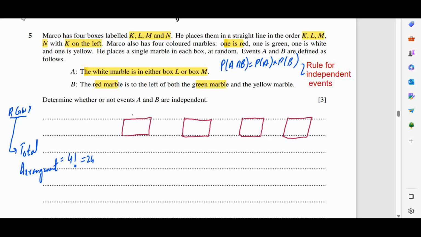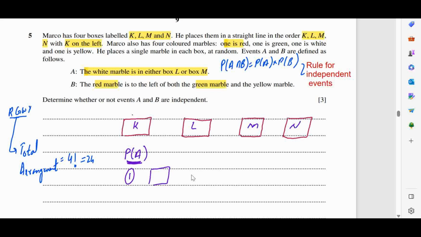Now we have 4 boxes, K, L, M and N. Let's find out the possibilities for A, so first let's do some working for the probability of event A. For event A, the condition is that the white marble is in either box L or box M. So let's see the possibilities.